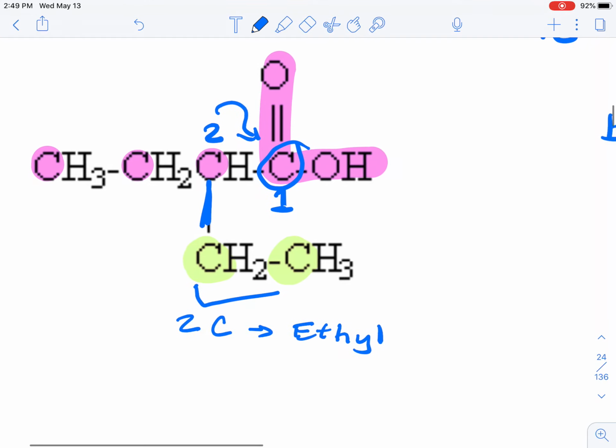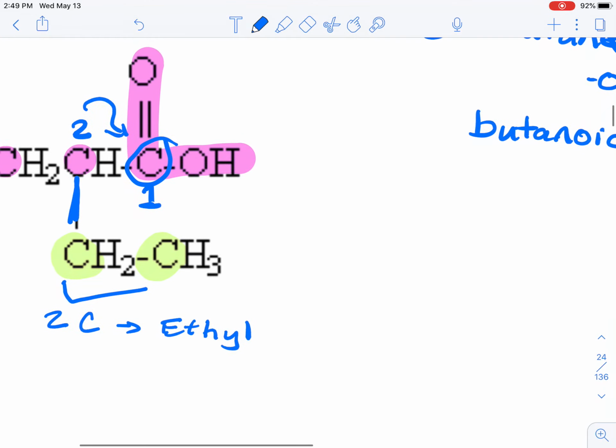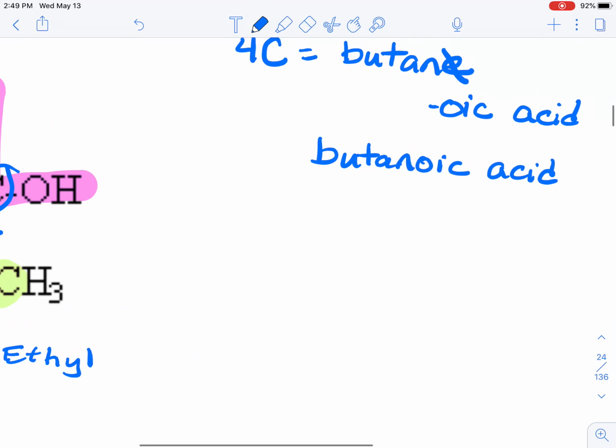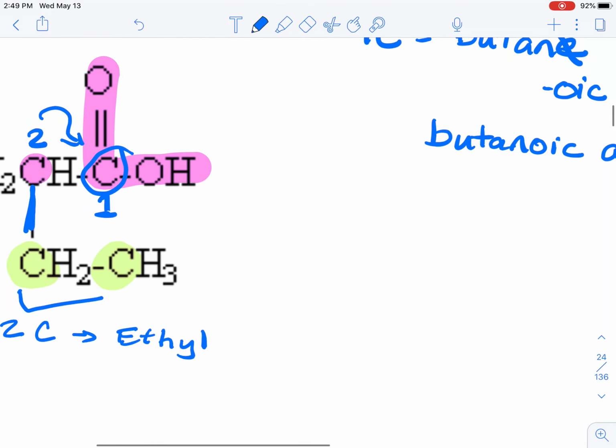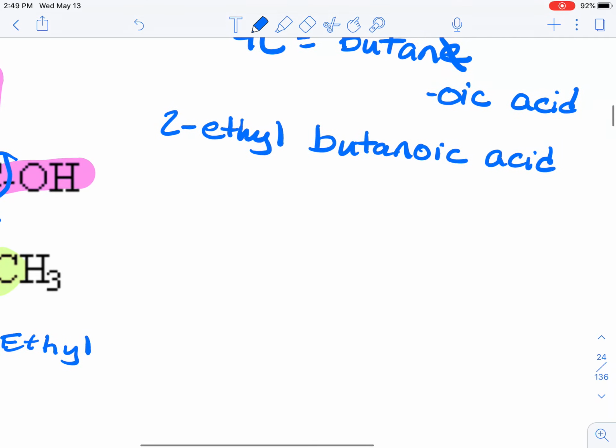So I'll just add on to my current name the position of this ethyl substituent. So it's going to be 2-ethyl butanoic acid.